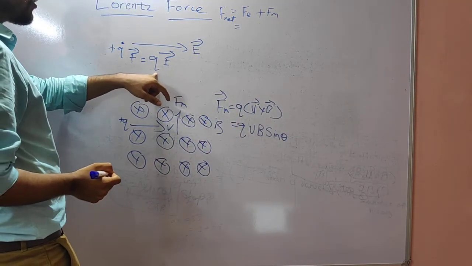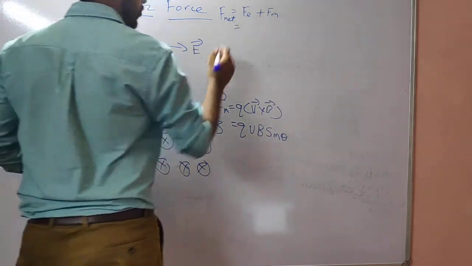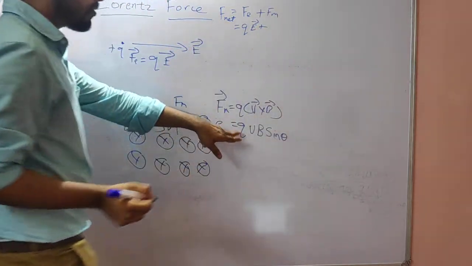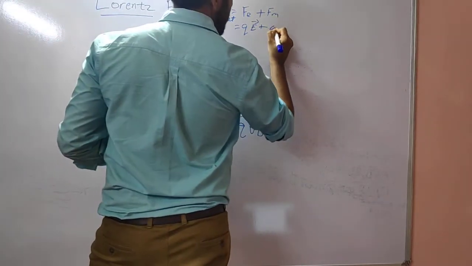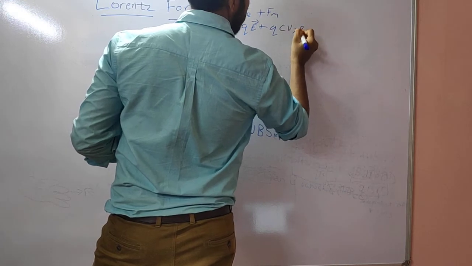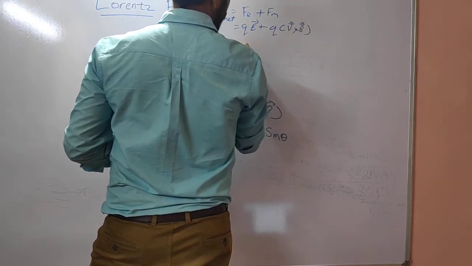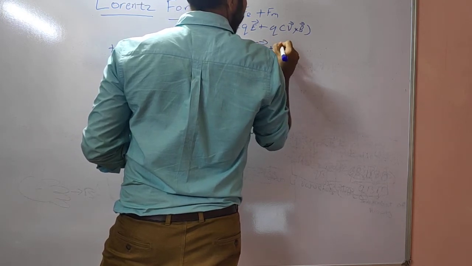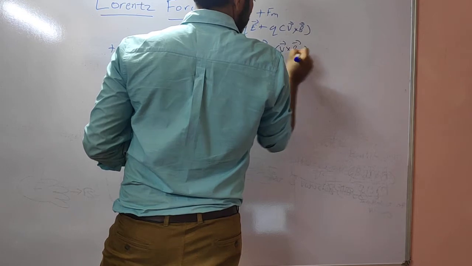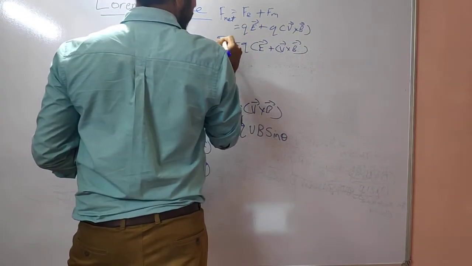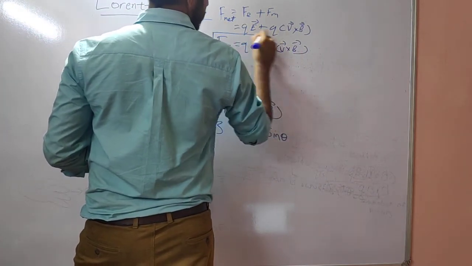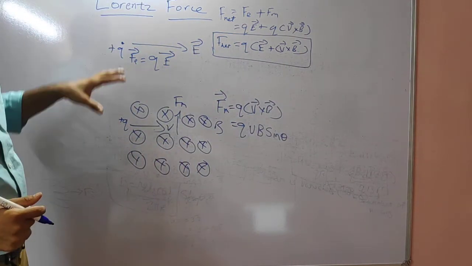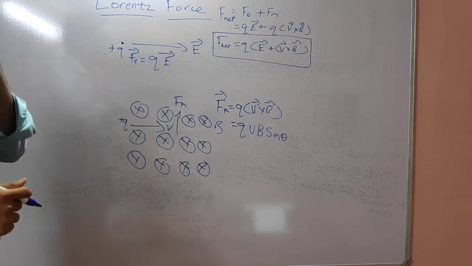Force due to electric field, that is Fe will be equal to QE plus force due to magnetic field QV cross B. Okay, so from here I can take Q as common, E plus V cross B. Okay, this is the Lorentz force, or you can say the net force on a charged particle when it is kept inside electric field as well as the magnetic field.